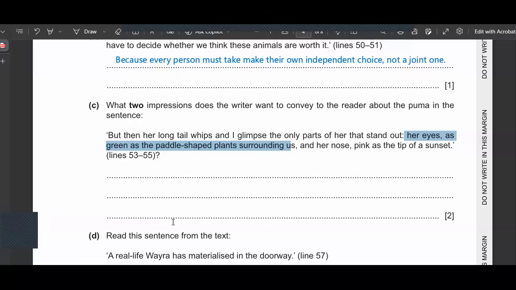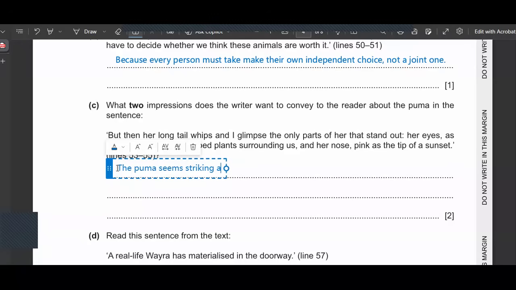So we can say the puma seems striking and vivid, like she has a very clear presence, right?